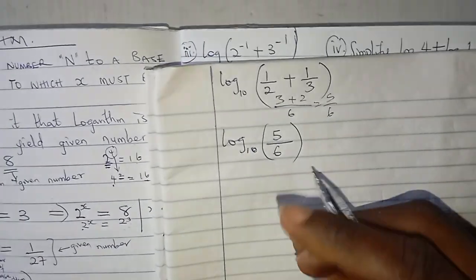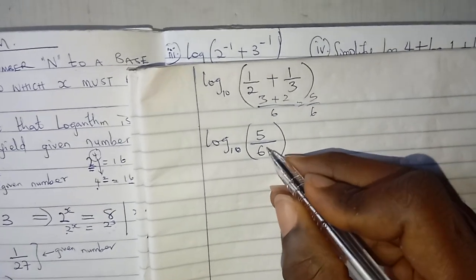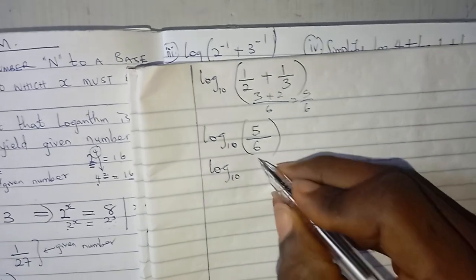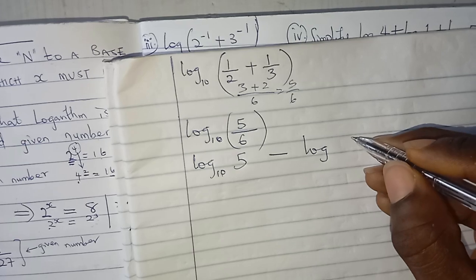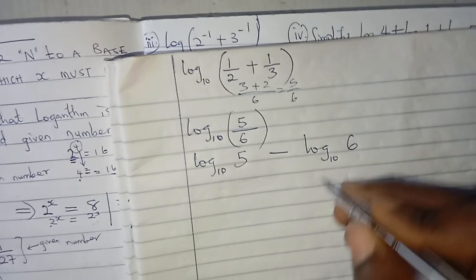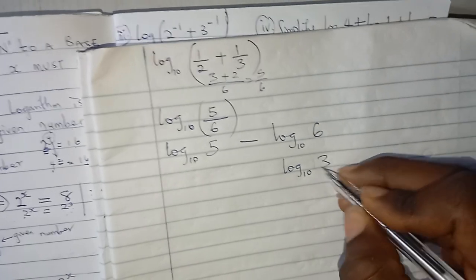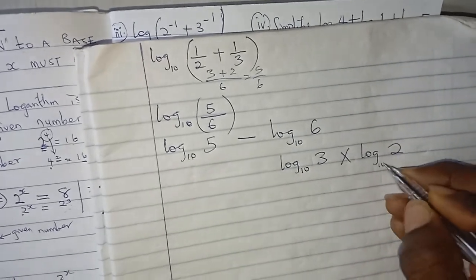And you need to remember that since it's division, this is log 5 to base 10 minus log 6 to base 10. And this is going to be log 3 to base 10 times log 2 to base 10.